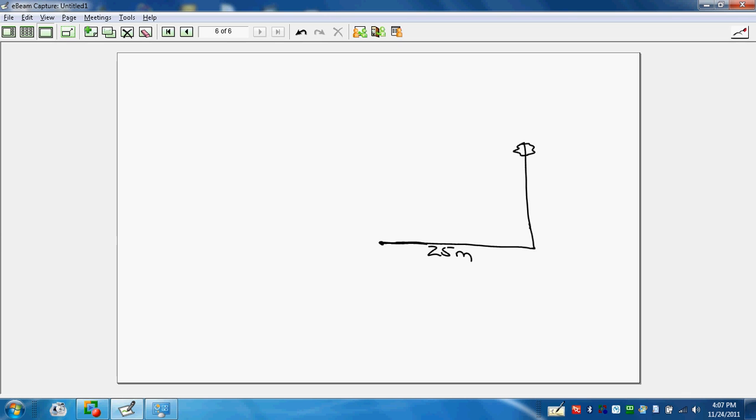It's from there that you measure your angle of elevation, which is how far he would have to raise his gaze to see the top of that tree. So this angle in here will be 38.5 degrees. That will be the angle of elevation.